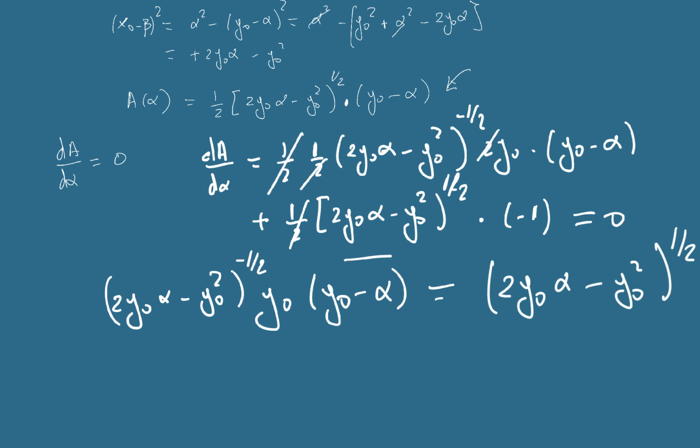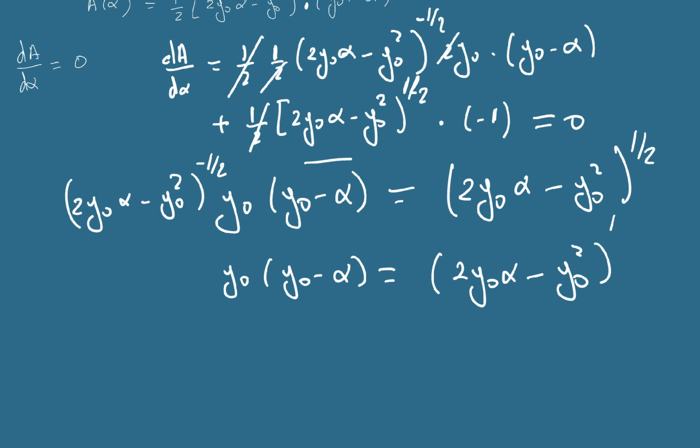Okay. Now if we multiply all the equation by this term 1/2, when I multiply on the right side, I will obtain 2y0 alpha minus y0 squared. And when I multiply by 1/2 here, I will obtain a 1. So it will be y0 multiplied by y0 minus alpha equal to 2y0 alpha minus y0 squared.